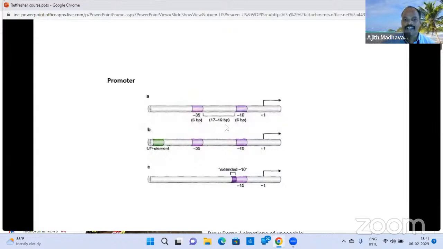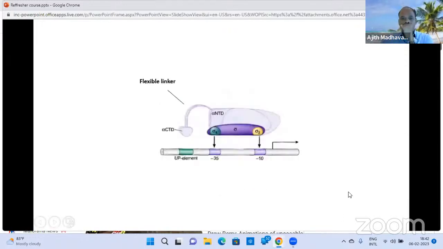So this is the architecture. Don't worry about the other 2 pictures. Those are variations of this architecture. Don't need to worry about that. Now, why did I say that?